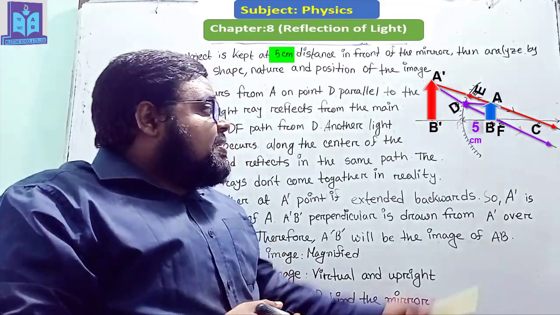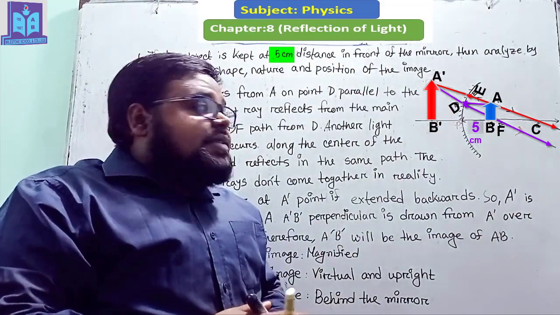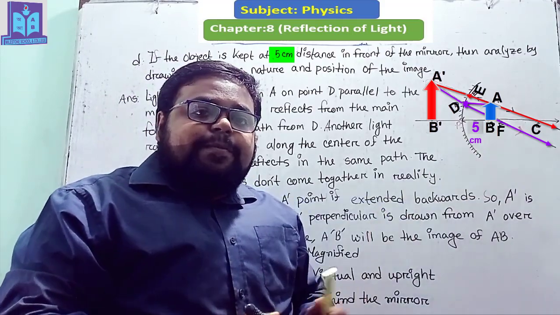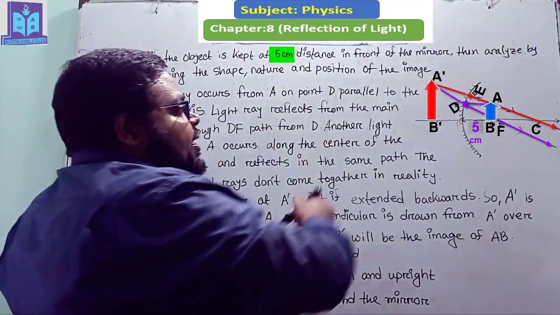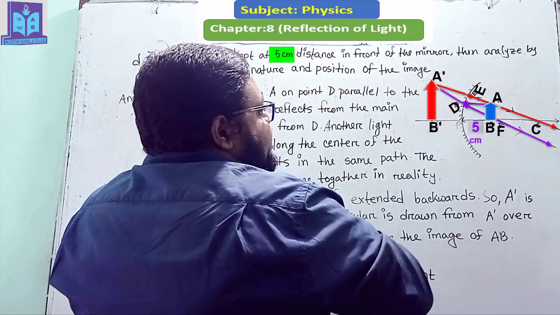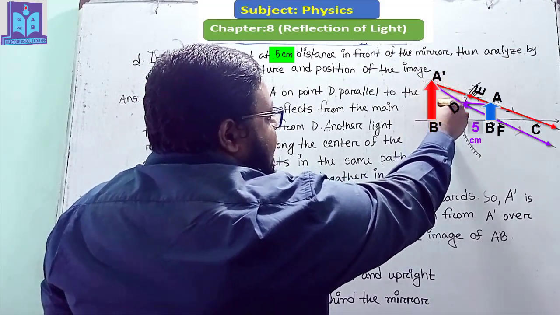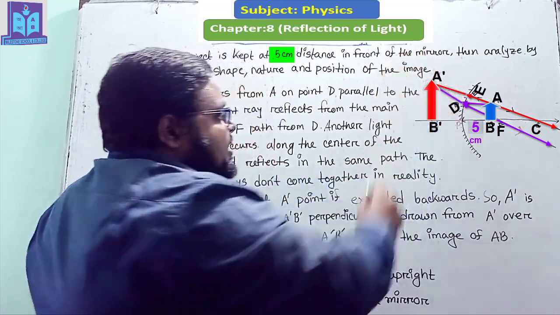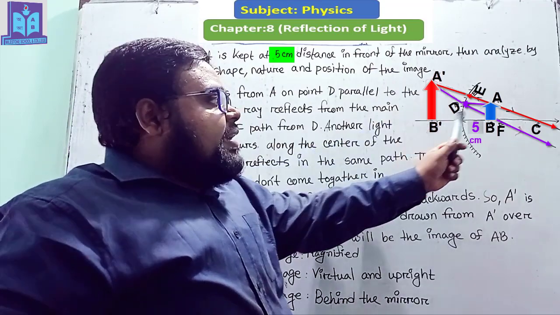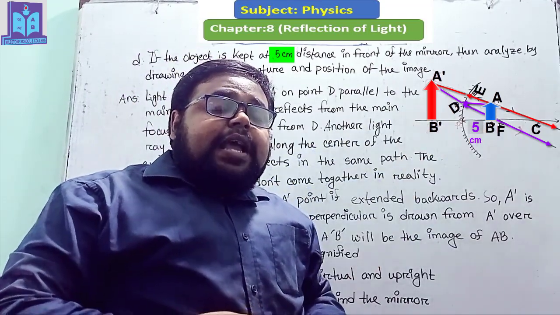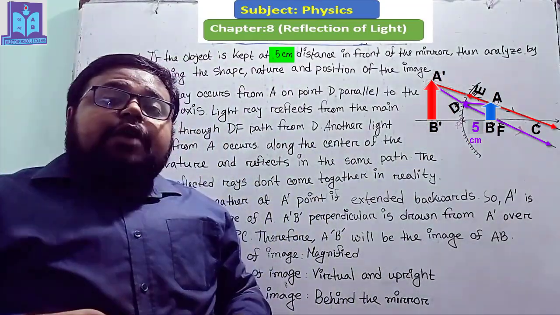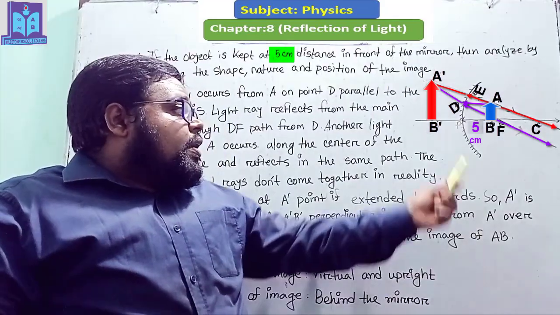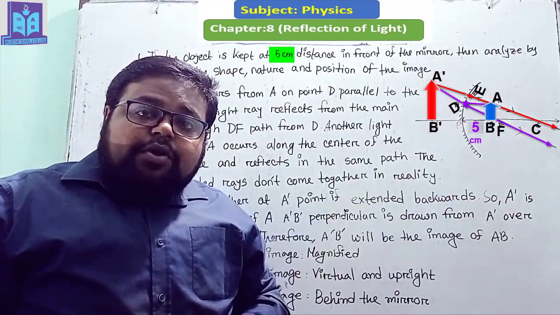I hope you understand this B prime is the image of B. If we join A prime and B prime, then A prime B prime is the image of AB. And I hope you understand how the image forms for the concave mirror.